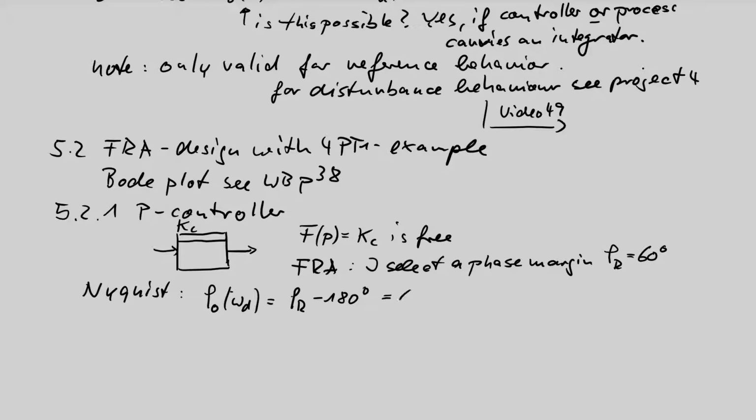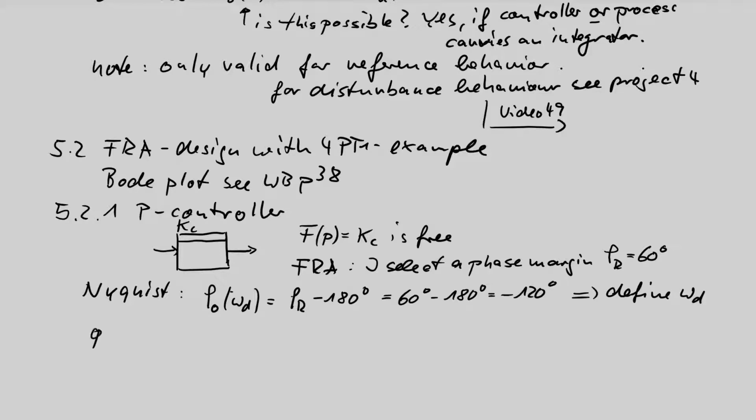And in our case, this is 60 degrees minus 180, which is simply calculated to minus 120 degrees. So this is the equation which defines the crossover frequency value, because the phase curve is given. With this I can find out the crossover frequency. I select the phase margin and find out the crossover frequency if this phase curve is given.